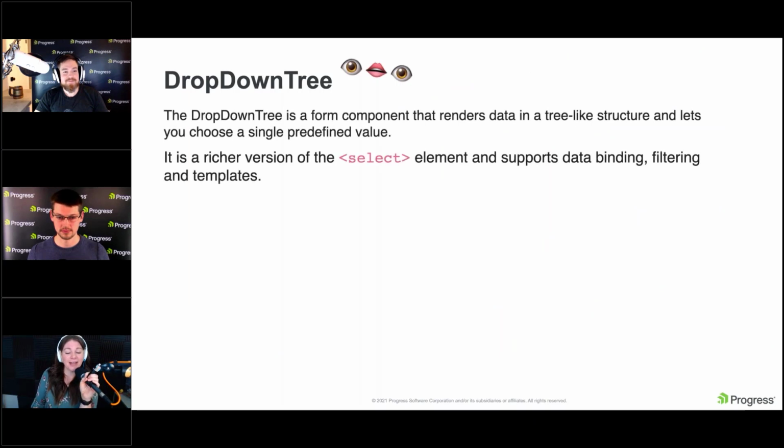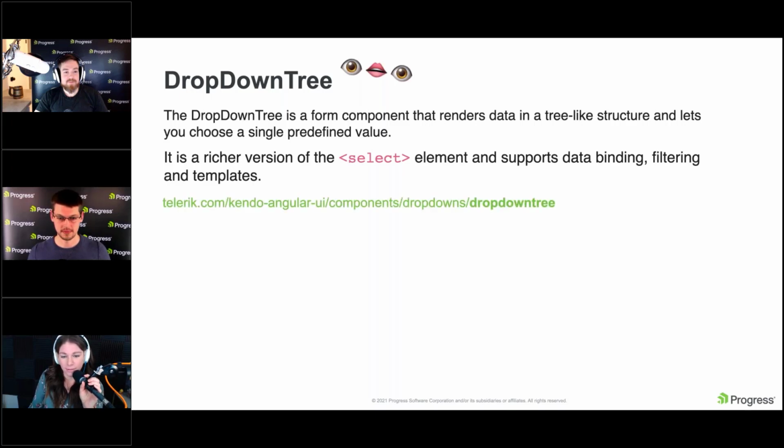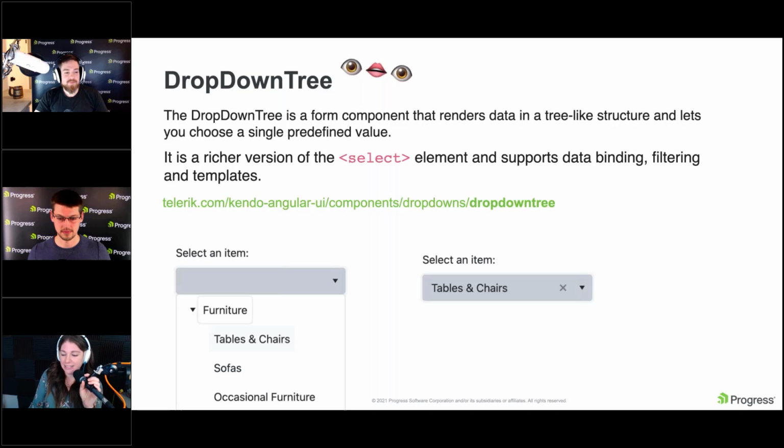So the new Angular drop-down tree component provides the simplicity of a drop-down. It's really quite beautiful. I'm going to pull up the pictures so you can see it. There you go. Okay. The simplicity of a drop-down with the hierarchical list of items of a tree view.